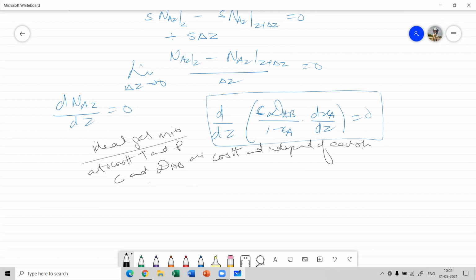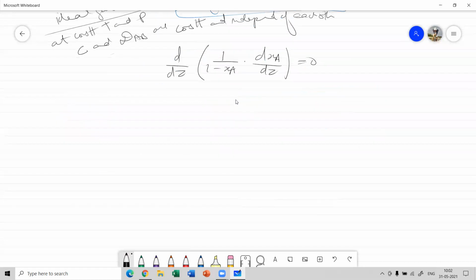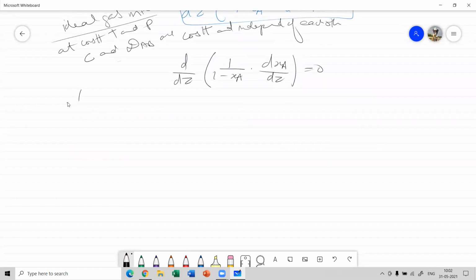So what we are left with is d by dz of 1 over 1 minus x_A into dx_A by dz equal to 0. So we're going to integrate this part. On integration, we have 1 over 1 minus x_A into dx_A by dz equal to some constant C1, which can further be integrated and written as minus ln(1 minus x_A) equal to C1 z plus C2.